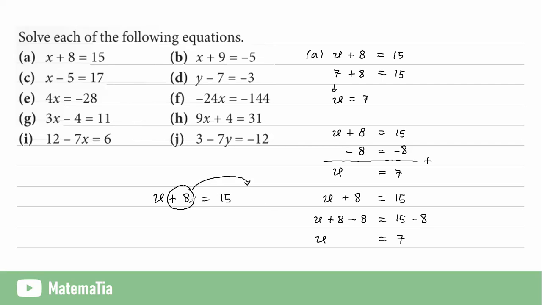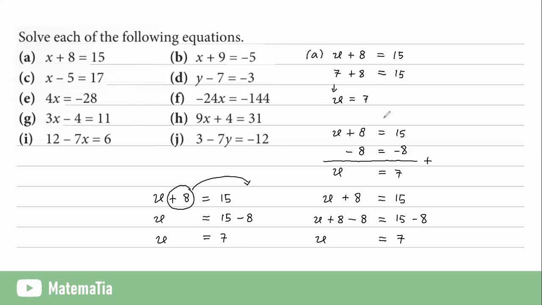So we have to change 8 to the right-hand side of the equation by changing the sign of operation, because this one is addition. So if we move it to the other side of the equation, it will be subtraction. So x is equal to 15 minus 8. So x is equal to 7.